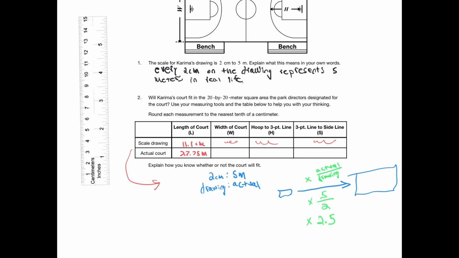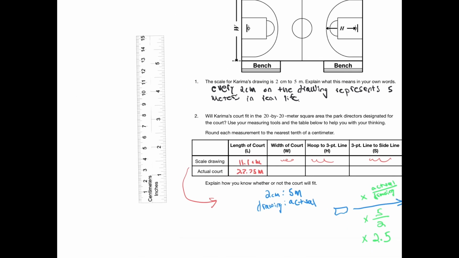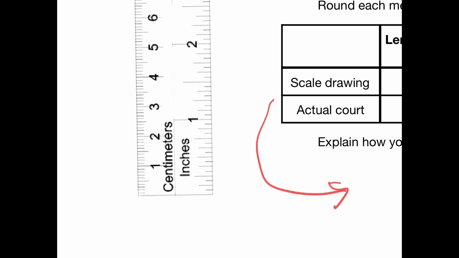If we go back to the ruler here, and we zoom in, 0 to 2 represents 5 meters, and 0 to 1 would represent half of that, which would be 2.5.